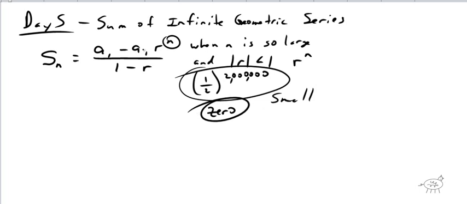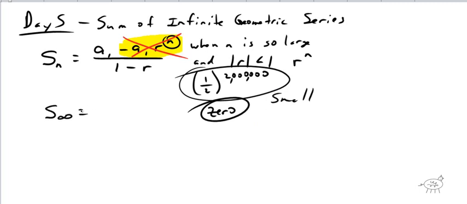So what happens here is, if that r to the n goes close to 0, then if you multiply that by a sub 1, that goes away as well, right? So this is really out of here. And our new formula is s sub infinity, because it's infinite.